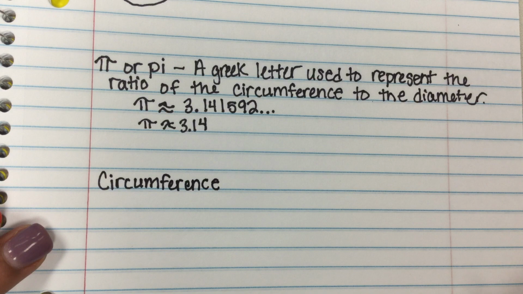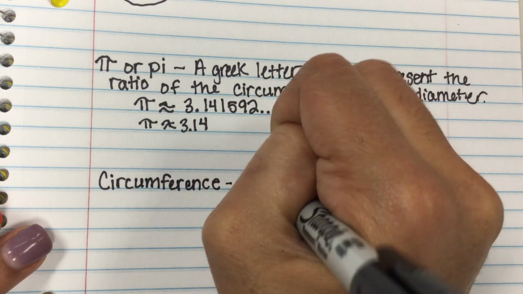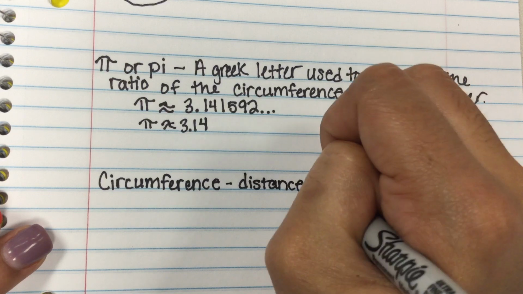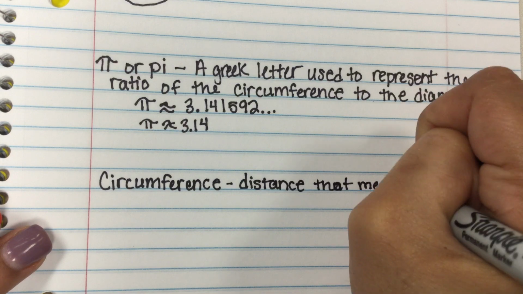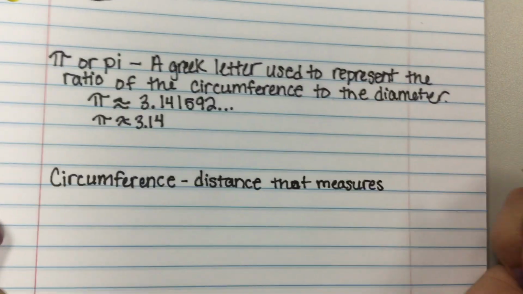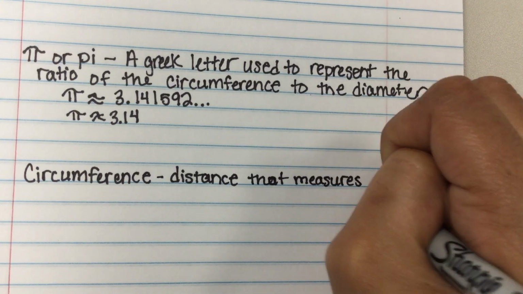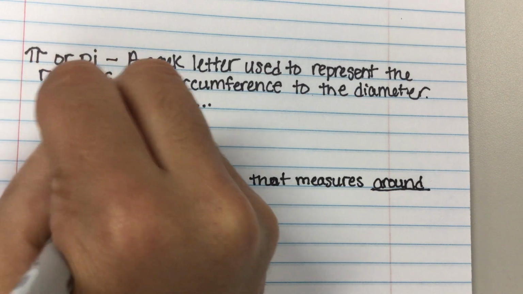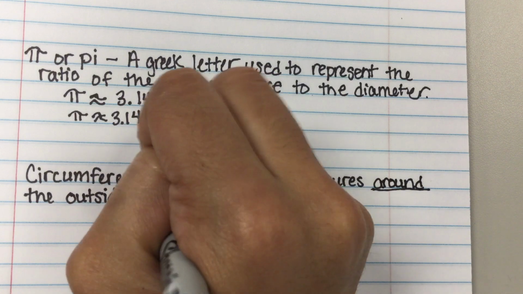The circumference is the distance that measures around the outside of any circle.